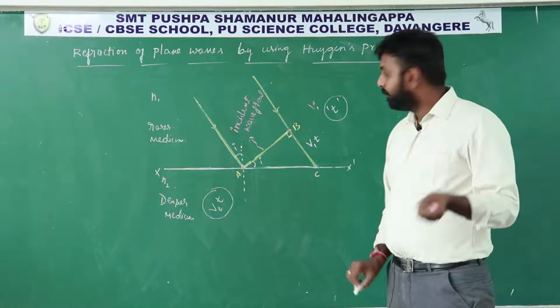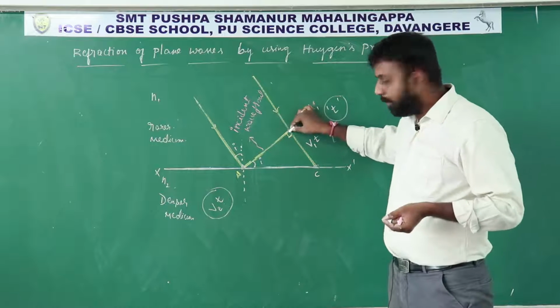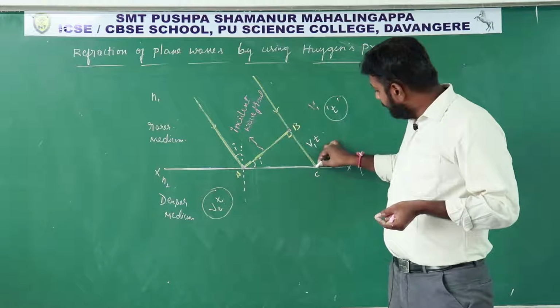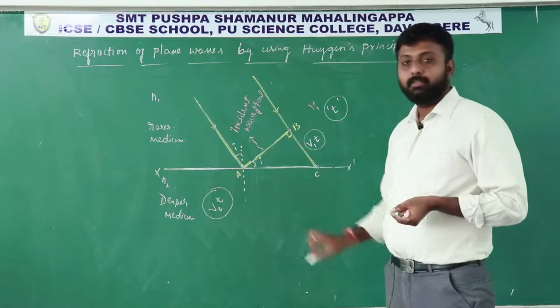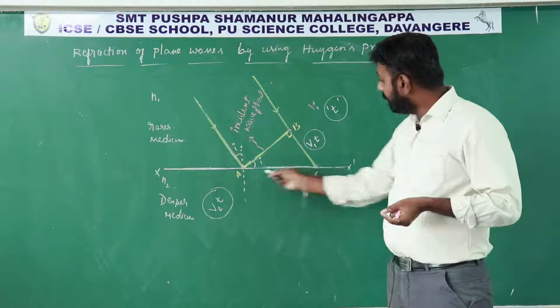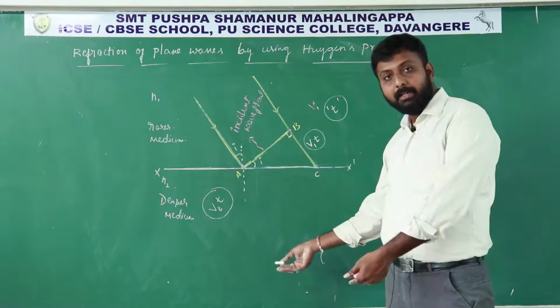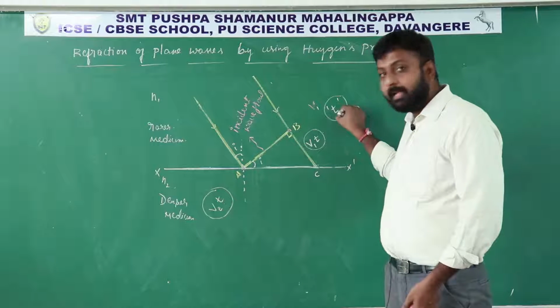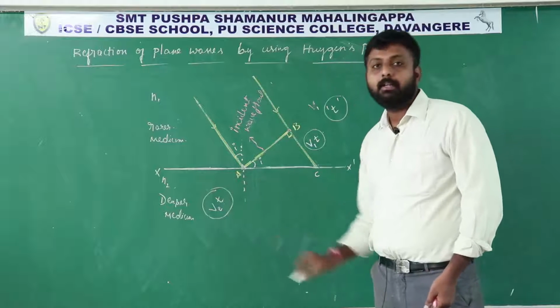That means here in t time the disturbance from B point to reach C point will travel v1t distance. In the same time it has already reached, next it has to enter into the other medium. In the same t time, it will travel v2t distance.